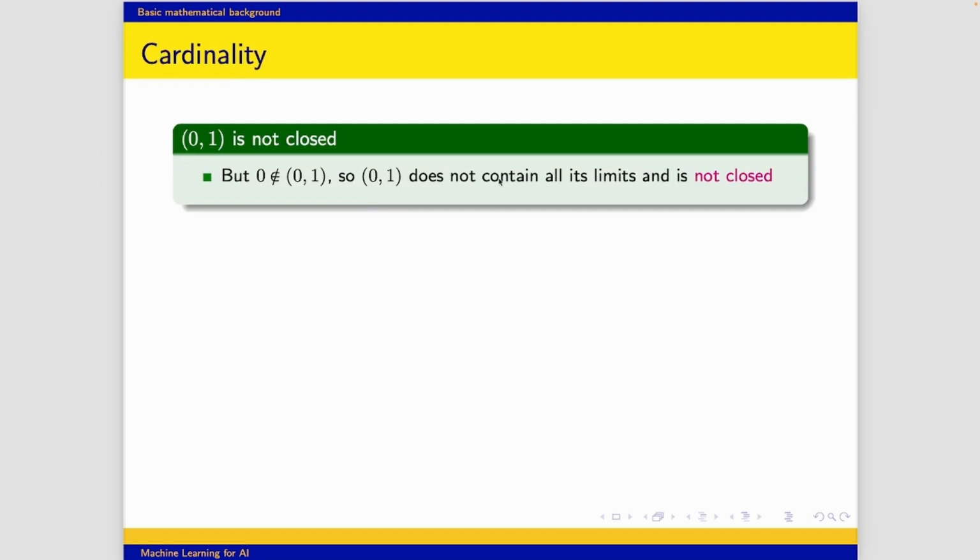Now, we could equally well choose the value 1 and find a sequence with all values inside our interval, but which approaches the value 1. So for the sake of completeness, let's actually do that. Let's think of a sequence whose elements are entirely inside this set. We could think of 1 minus 1 over n plus 1. Let's check this.